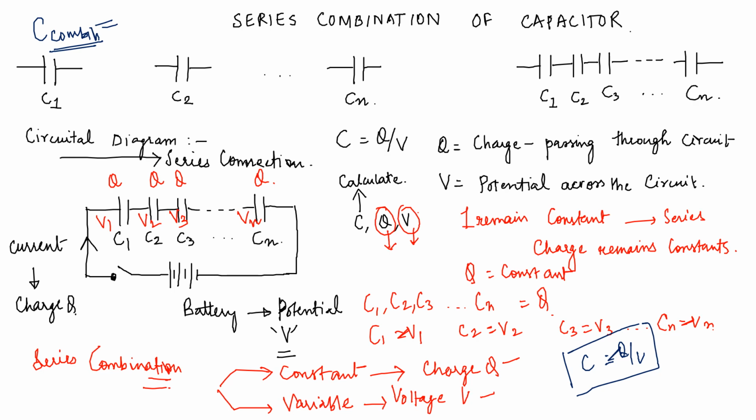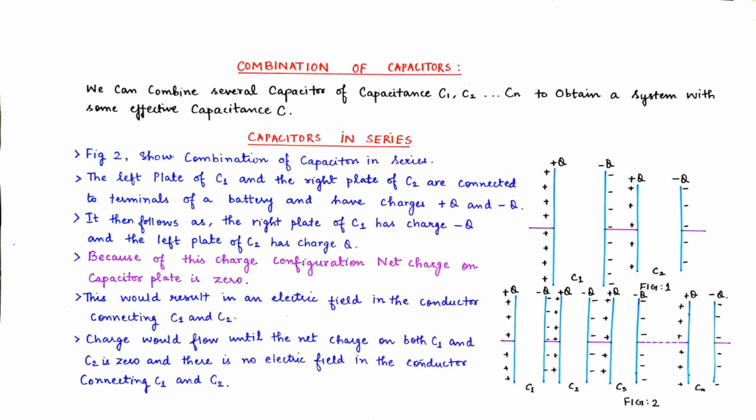So let's get started with today's class. Today's topic is combination of capacitors. We can combine capacitors of capacitance C1, C2 and Cn to obtain a system with some effective capacitance C. This is our main motive.